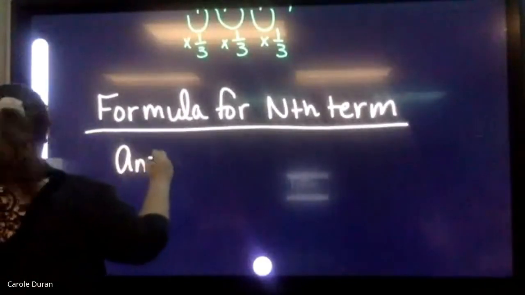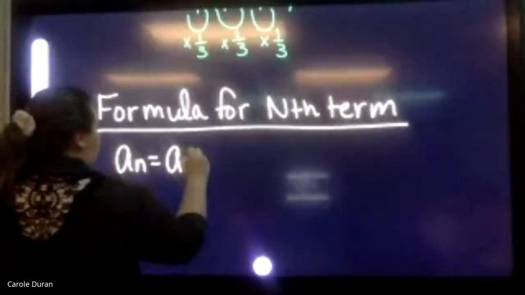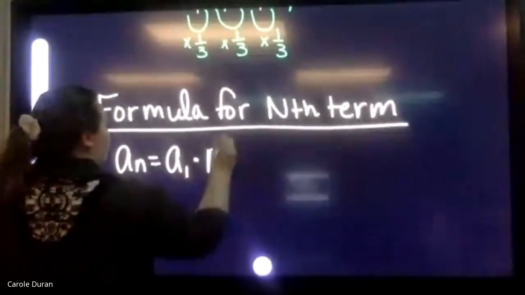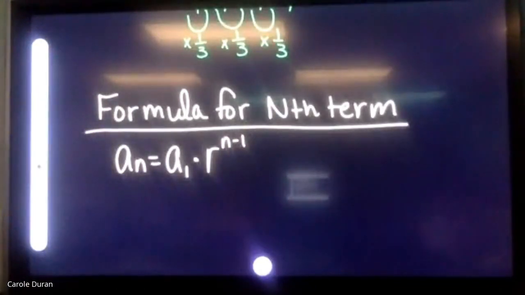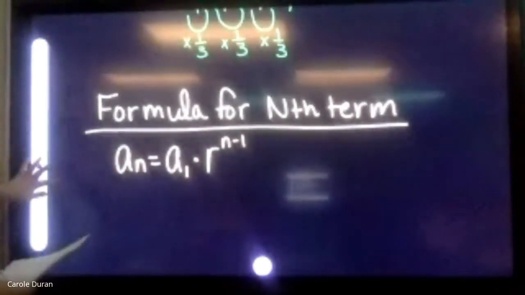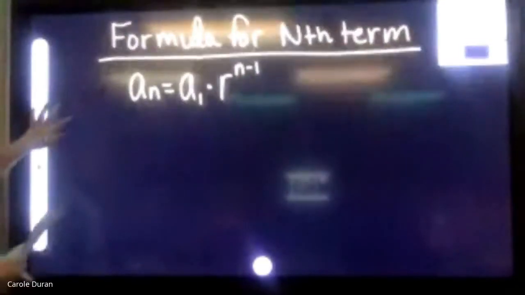It is a of n equals my first term a of 1 times my common ratio r to the n minus 1 power. Of course, we have a lovely example to go with this one.